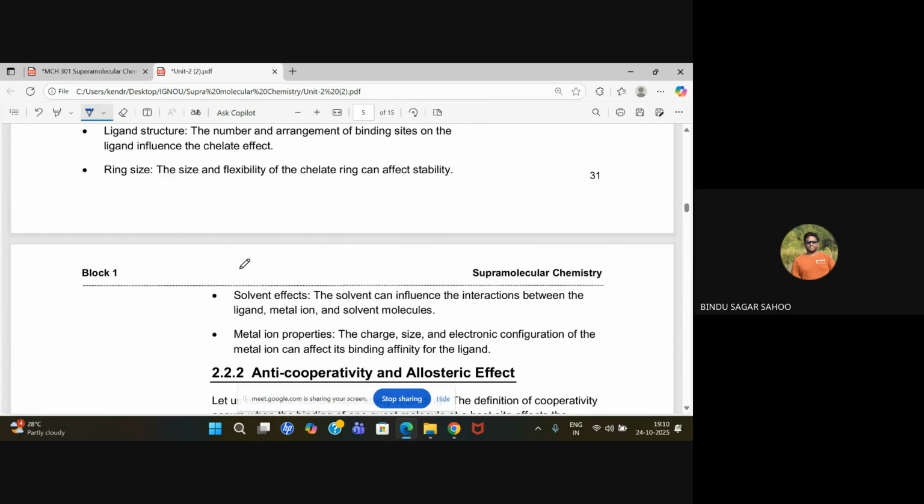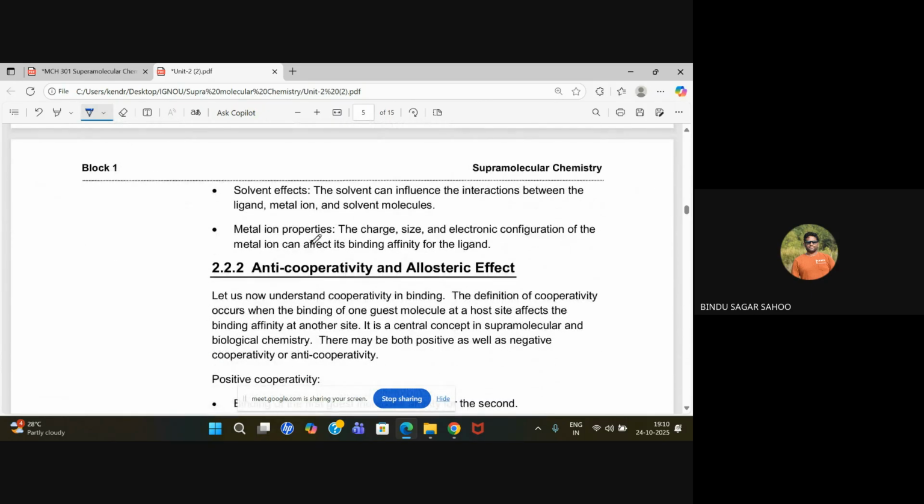When the host and guest complex finally forms, there will be some separation of solvent molecules. If the separation of solvent molecules from the host guest complex is easier, then there will be more free solvent molecules. If there are more free solvent molecules, the entropy will be bigger. Okay, so the solvent effect we'll discuss separately in the last part or in the next class, but it plays a bigger role in the metal ligand chelation process.